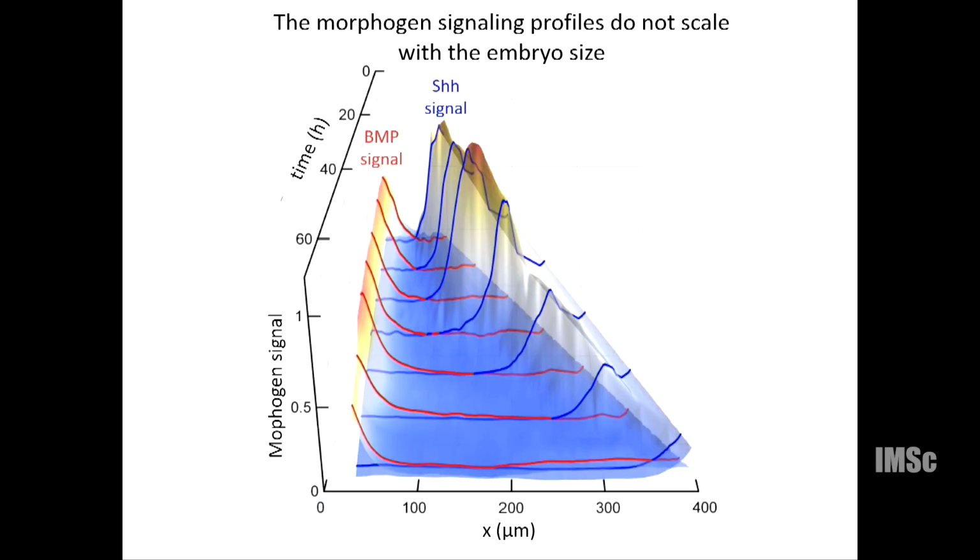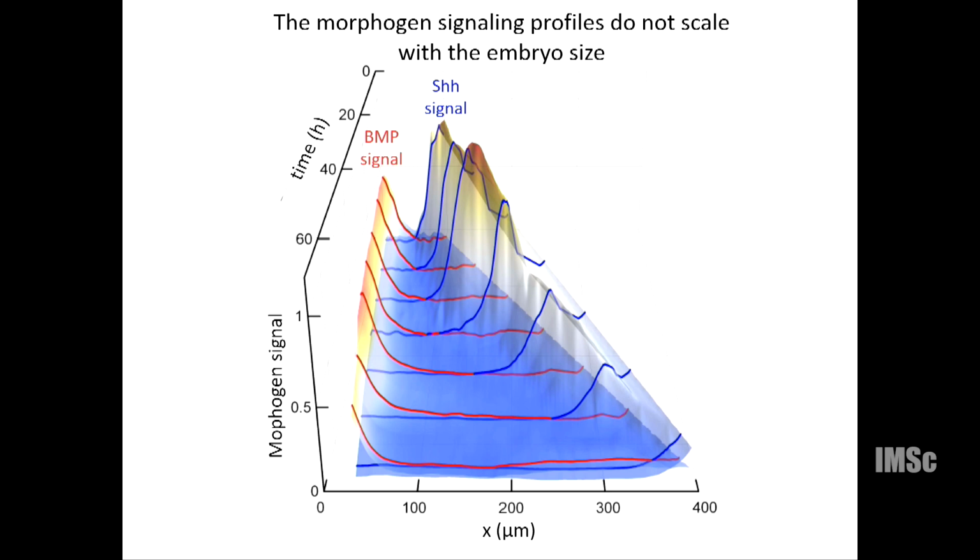Another way to represent that would be if now, instead of having this relative position, we have absolute units. So you can imagine, here there is time, here there is space, the tissue grows, your spinal cord extends, and then the BMP signal stays on the dorsal side, and on the ventral side there is some change in the amplitude of the signal, but in the decay length not so much.